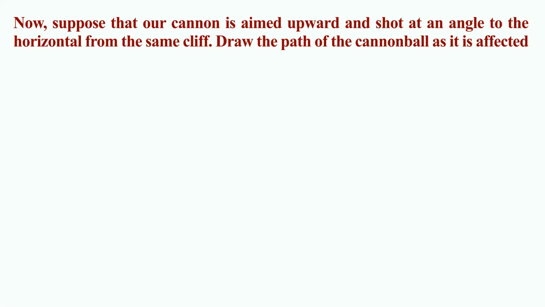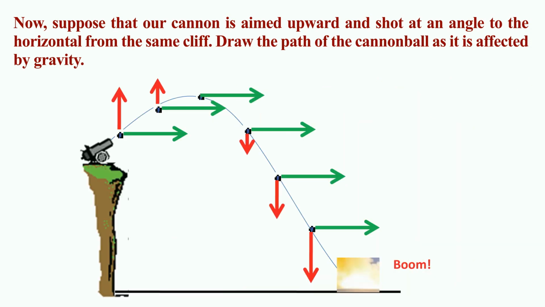Now suppose that our cannon is aimed upwards and shot at an angle to the horizontal from the same cliff that we were given. Draw the path of the cannonball as it is affected by gravity.